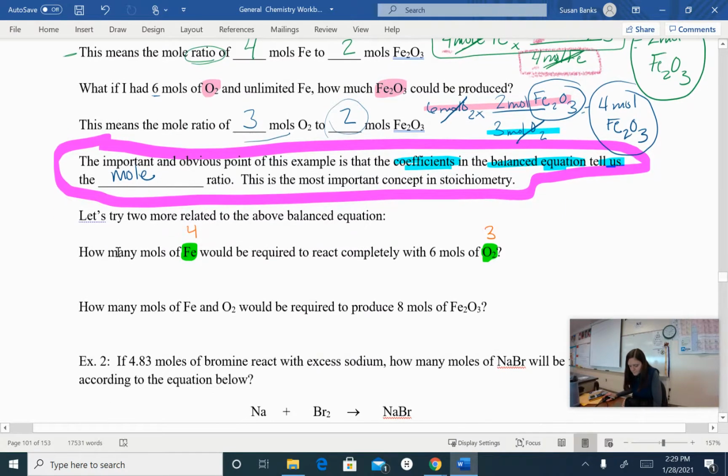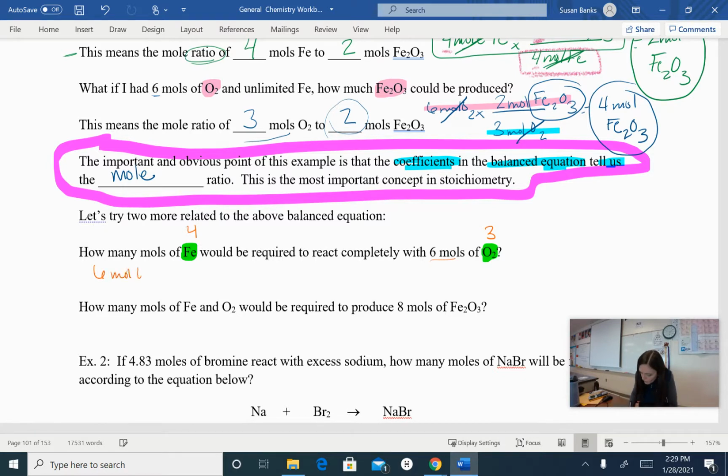Okay? So let's start with our number that's given. We have 6 moles of oxygen. And I want to know how that relates to iron. So I'm going to use my ratio from my balanced equation. I want my moles of oxygen to cancel. So my moles of oxygen are going to be on the bottom of the next step.